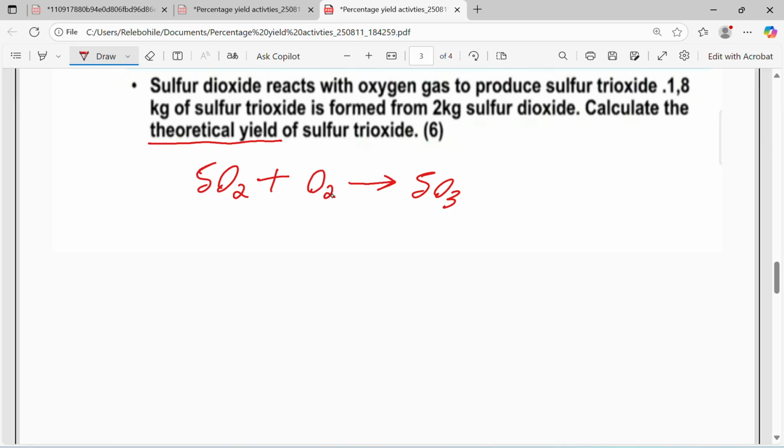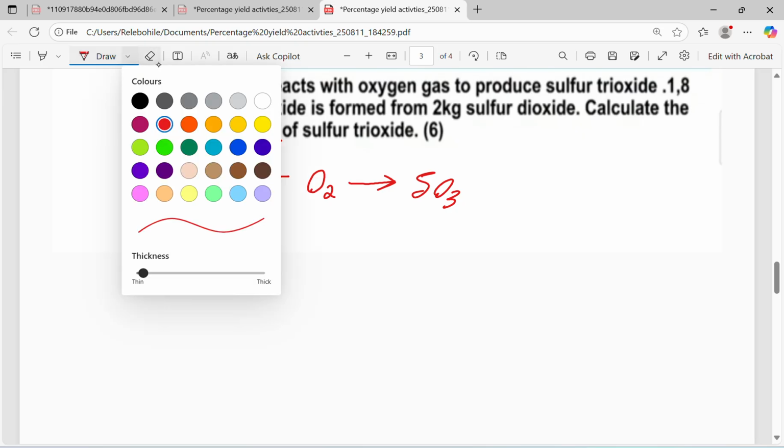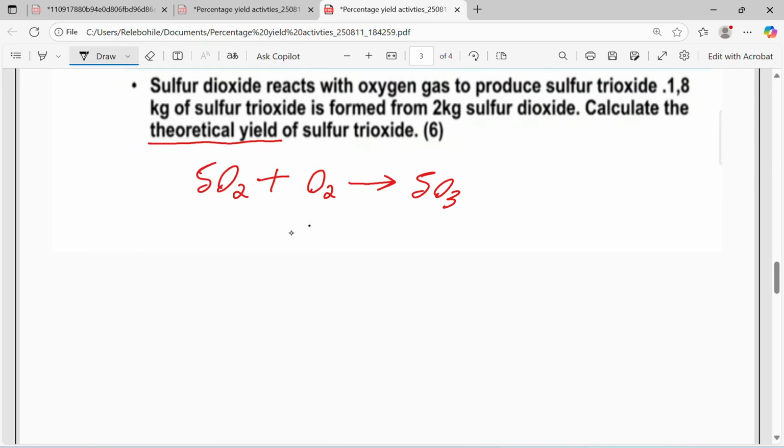But the question is, is it balanced? And the answer is no. How do we know that it's not balanced? Well, let's firstly look at sulfurs. I have one sulfur this side and this side, so at the moment sulfur seems to be okay.